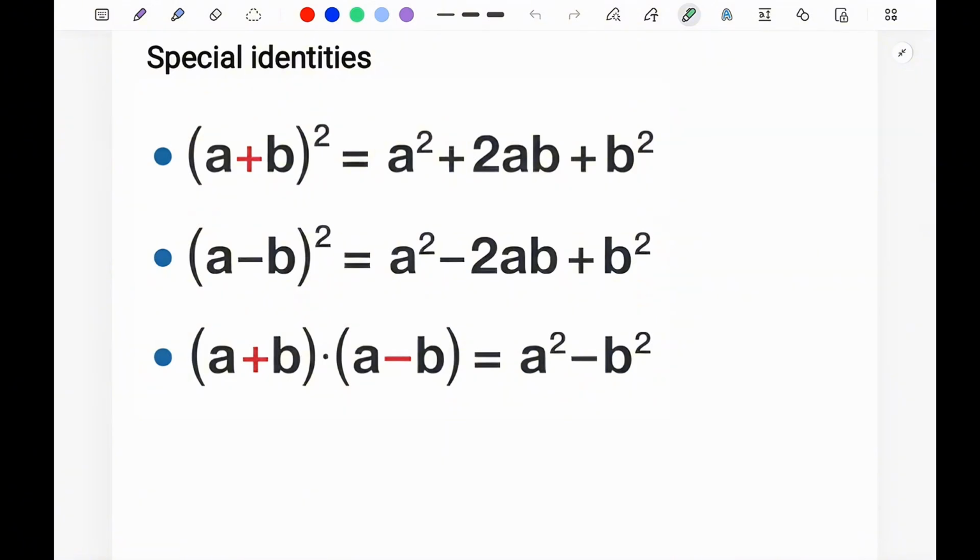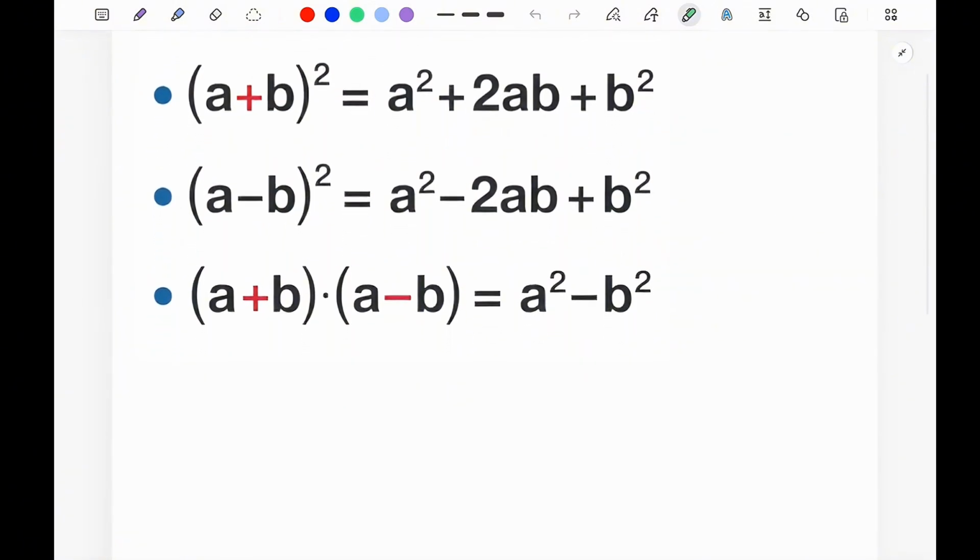So in many questions we will be using these special identities. So let us check the application of these. First of all, let's see the application of the very first identity or product formula. You can see (a + b) square.